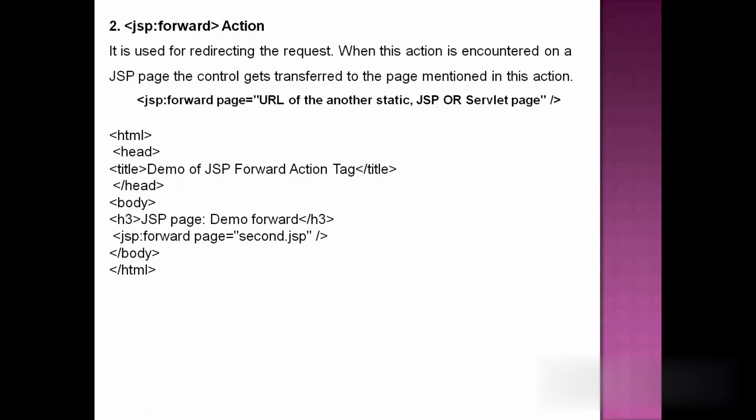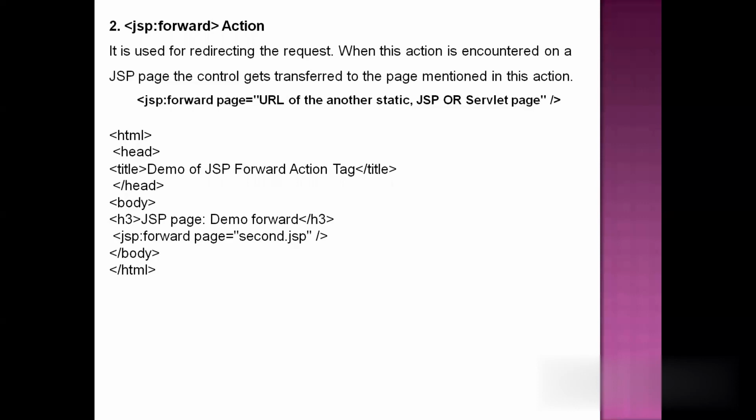Whenever the JSP compiler identifies the statement, automatically it stops the execution of one.jsp and redirects your request to the second.jsp page. After execution of the second.jsp page, it will come back to one.jsp. That means whatever content it has executed in second.jsp, that content will be attached to your file.